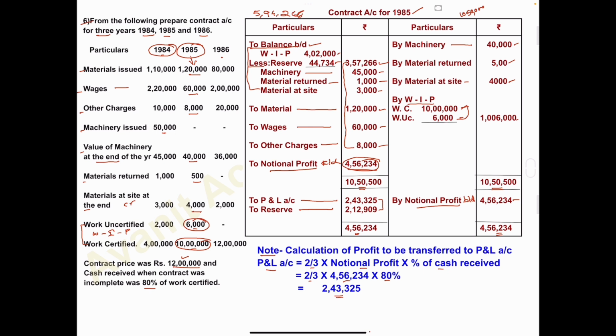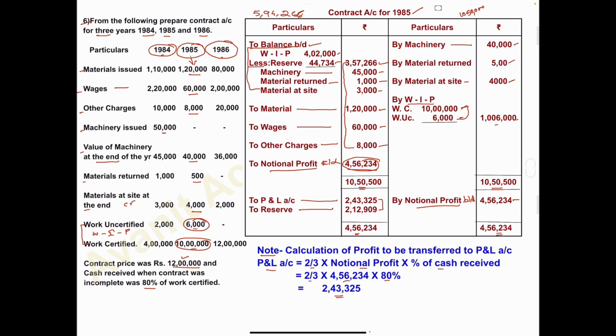Got this contract account for the year 1985. So next we'll prepare the contract account for the last year, that is 1986. So all these balances, machinery 40,000, material return 500, material at site 4,000, work in progress 10 lakh 6,000, all these balances will be brought down in the year 1986.